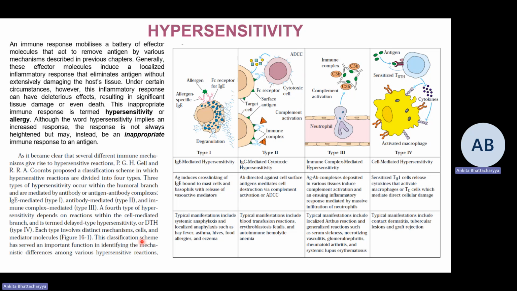Usually, the typical manifestations include A. Systemic anaphylaxis, B. Localized anaphylaxis, such as hay fever, asthma, hives, food allergies, and eczema. These are the common manifestations, as you can see.